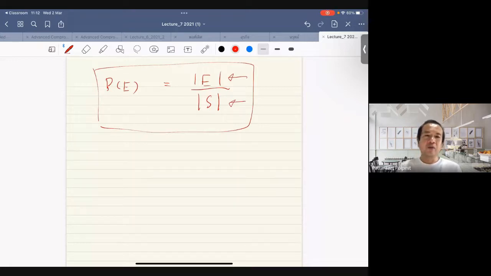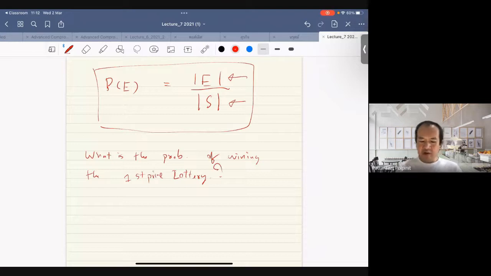But sometimes it's very difficult to find. For example, what is the probability of winning the first prize of the lottery? Sometimes it's hard to find this.